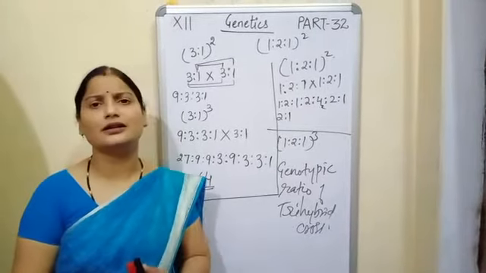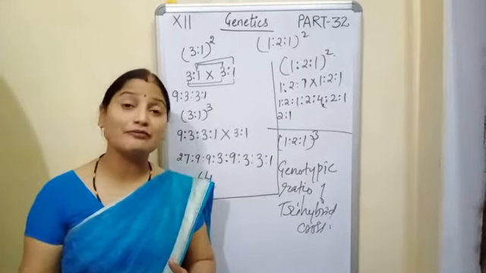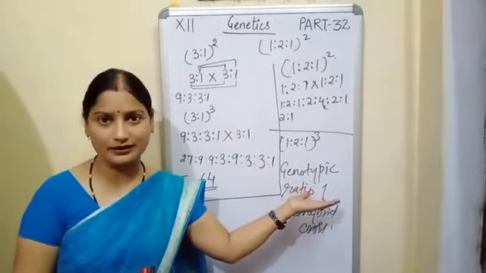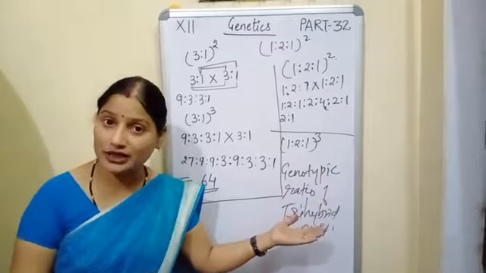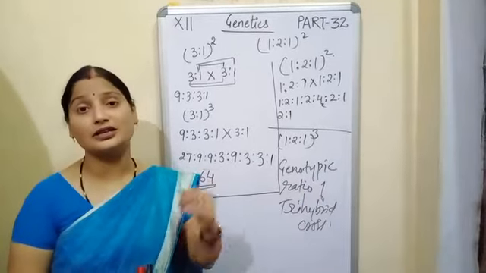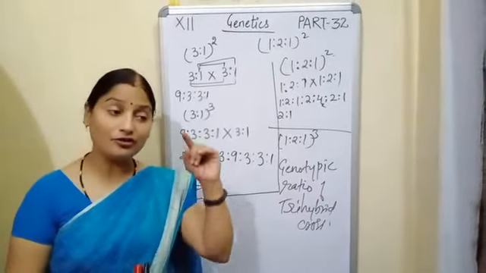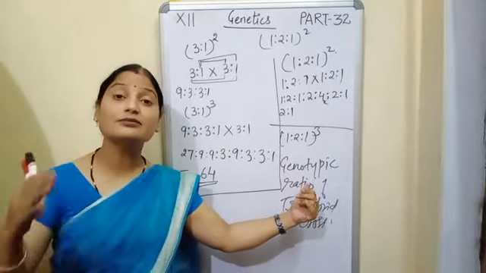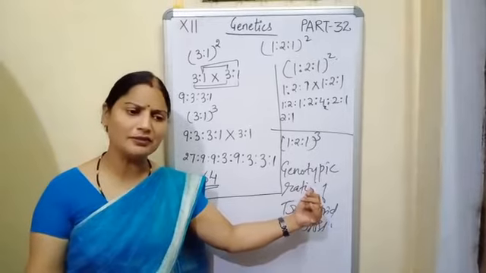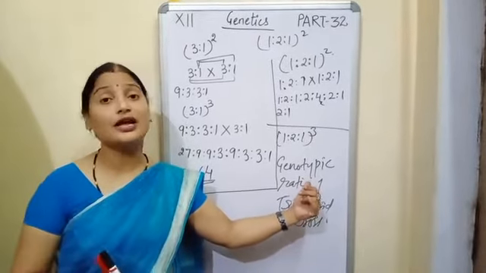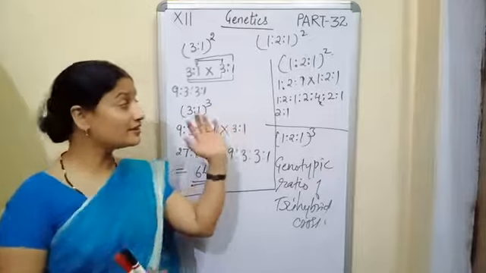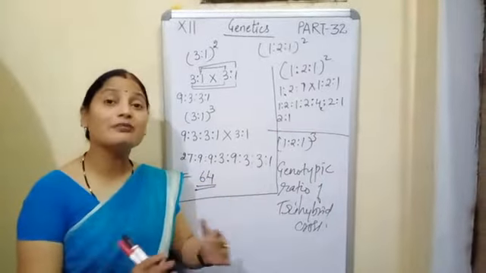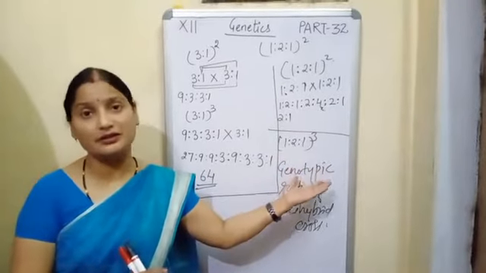Now, after Mendel, more scientists came forward and they did the same experiments, whatever the Mendel had done. But, unfortunately, they did not get the same result because they have not taken the pea plant. They all had taken some different plants and some of them had done some experiments on the animals also. So, the result was not as easy and as same as the result that was given by the Mendel.